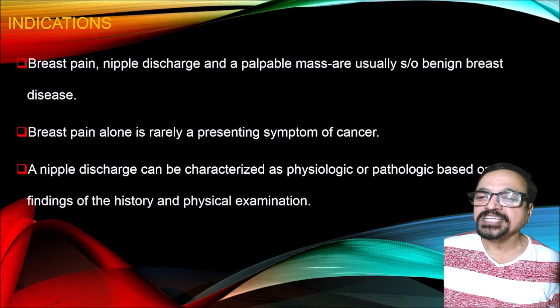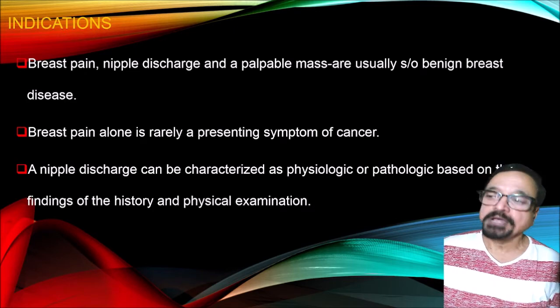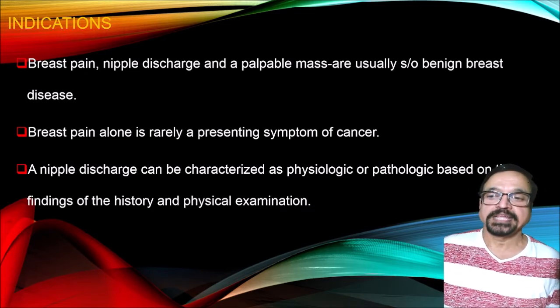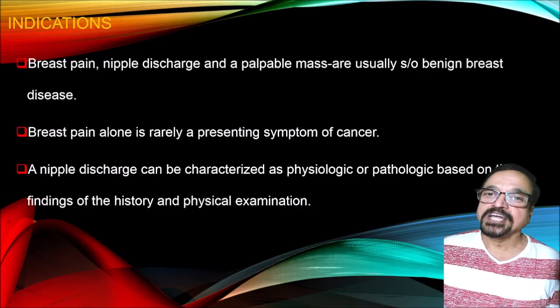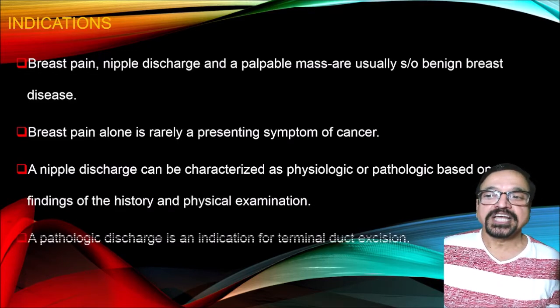A nipple discharge can be characterized as physiological, that is non-significant, or pathological, based on the findings of the history and physical examination. Here is the important role of the clinician, who differentiates these two discharges. We need further investigation.